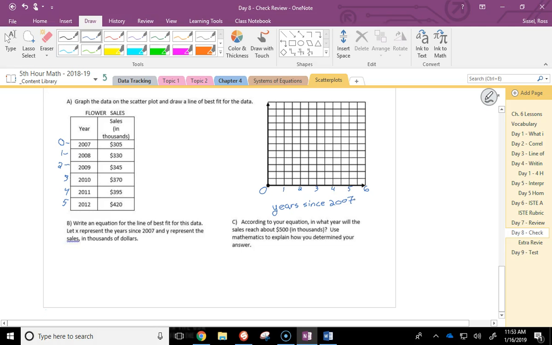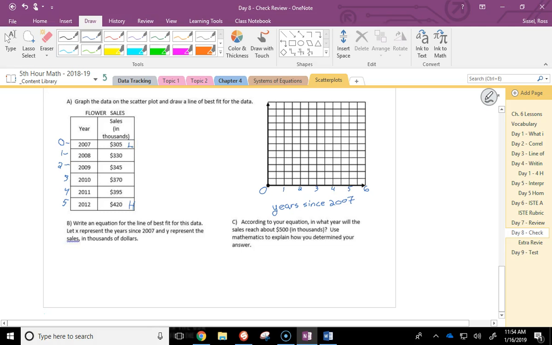Okay, to do my y-axis, this is the one I wanted to pause on because I want to make sure we understand scale. Show me you're doing this with us. How do I find my scale? You find the highest number and the lowest number.